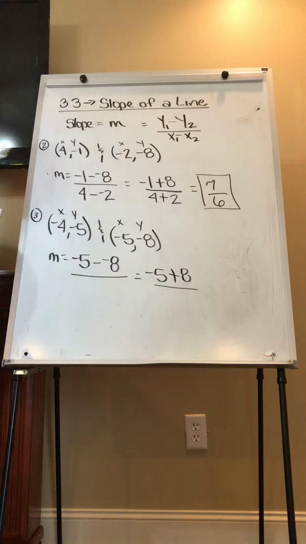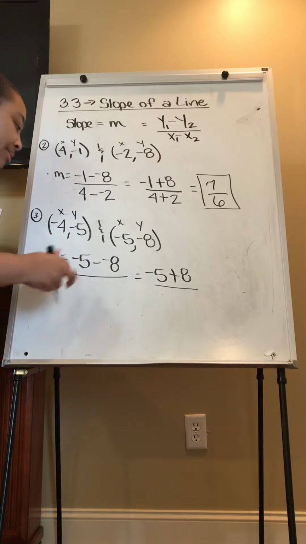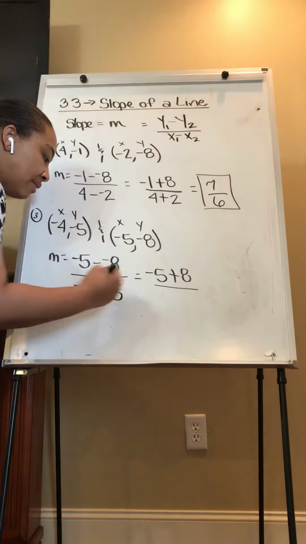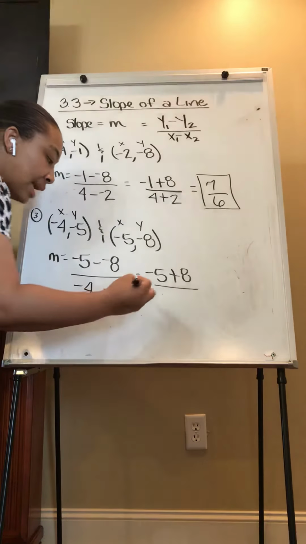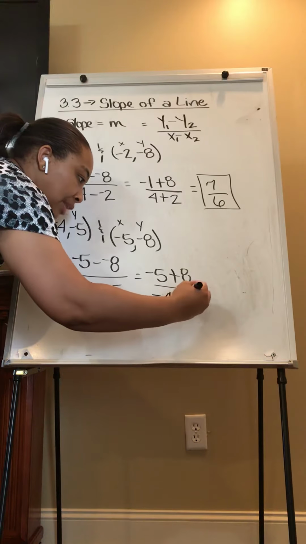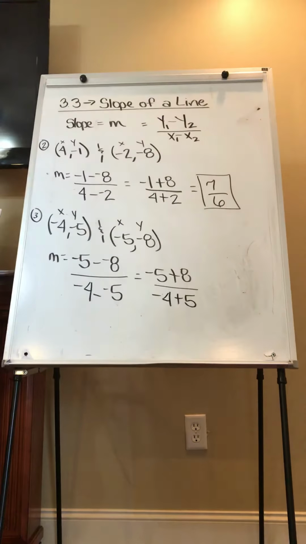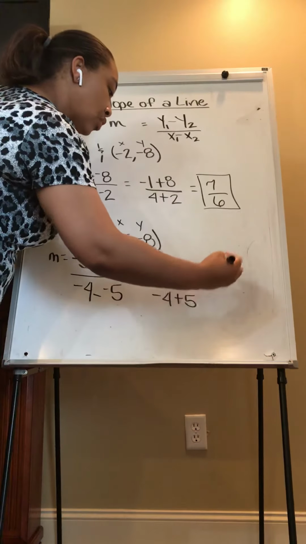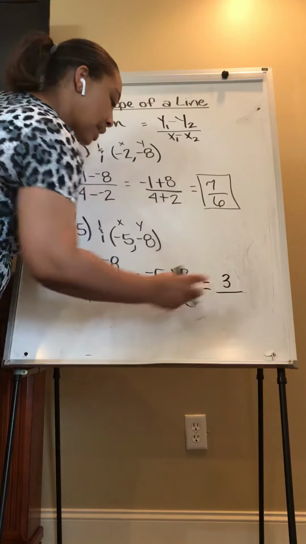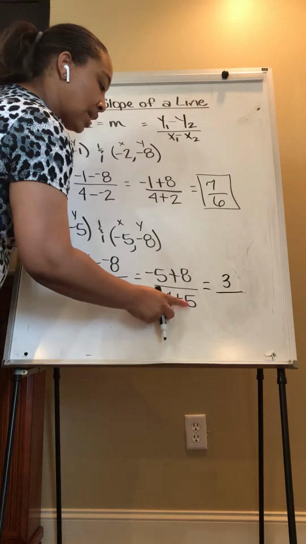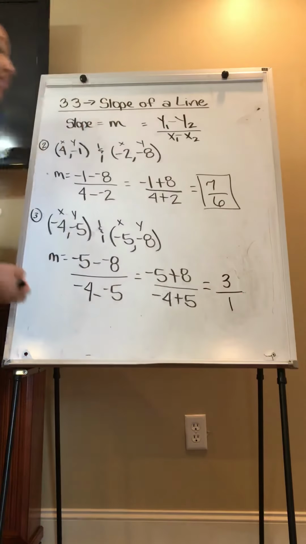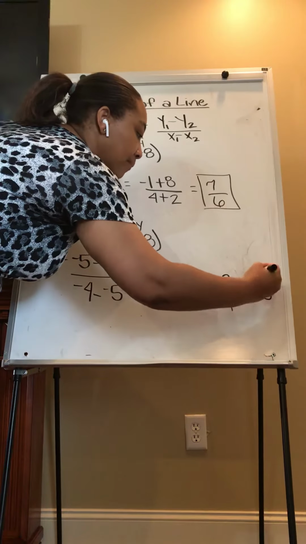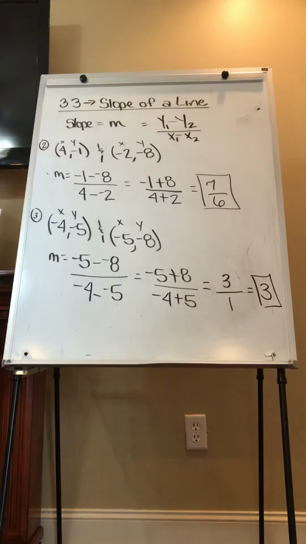Those 2 negatives make a plus. Our x's are on the bottom. -4 minus a -5. Again, those 2 negatives would make that a plus 5. So we have on top negative 5 plus 8, which will be 3. And then negative 4 plus 5 is 1. And 3 over 1, we know reduces to just 3. So our slope is 3.